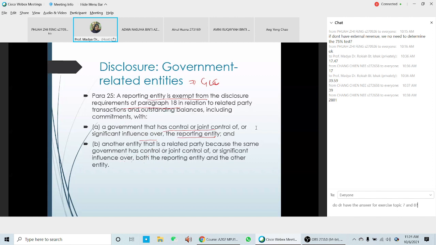So the GLC here is exempt from the disclosure in paragraph 18. They do not need to disclose items in paragraph 18.